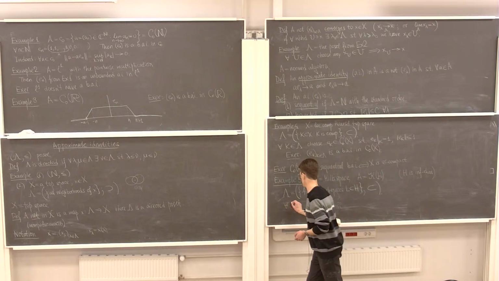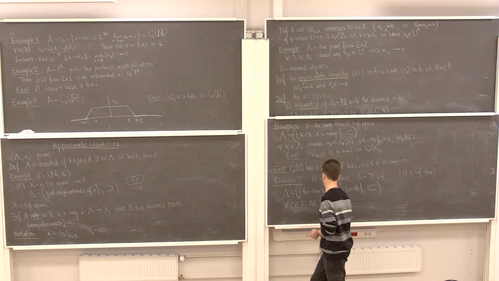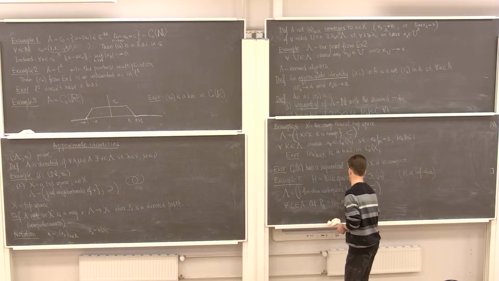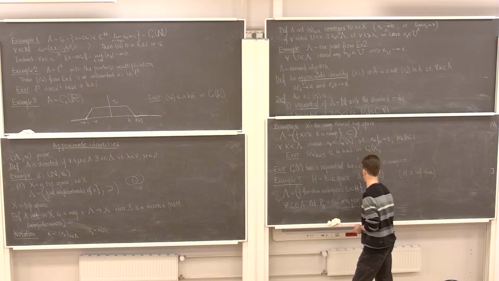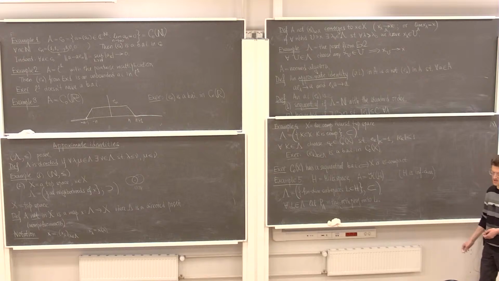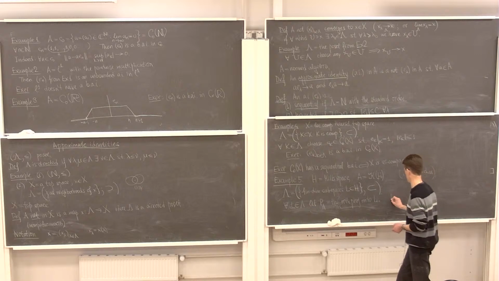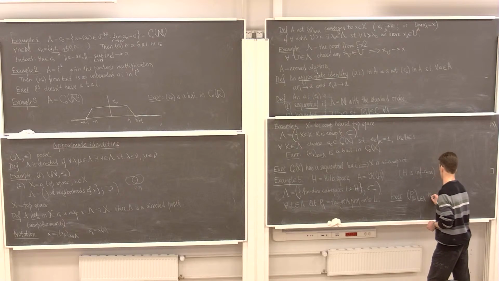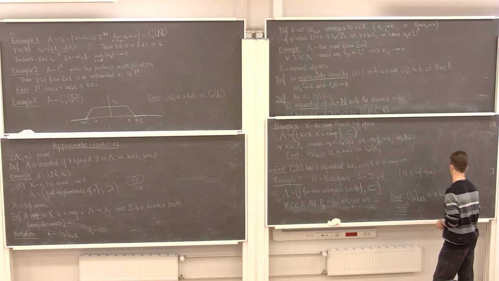For every finite dimensional subspace L of H, we let P_L denote the orthogonal projection onto L. So this is a finite rank operator, in particular, it is compact. And I claim, again, this is an exercise for you, that the resulting net P_L is a bounded approximate identity in K of H.